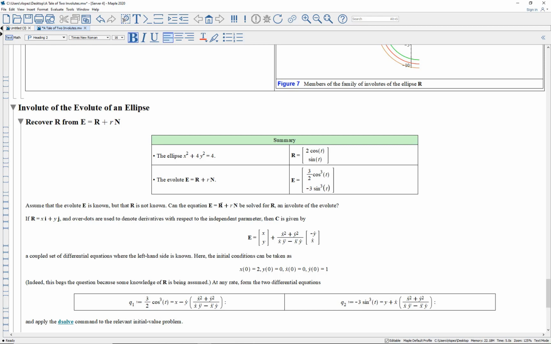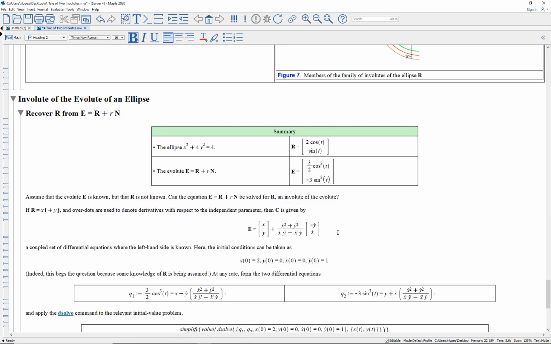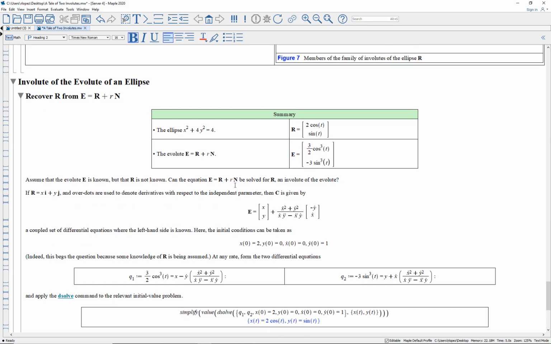Now, R is R, but there is an R hiding in the principal normal and in the radius of curvature. So really what you have on the right-hand side are these derivatives. And you want to set these derivatives equal to this vector to see if you can solve the resulting differential equations to get back what x and y are.